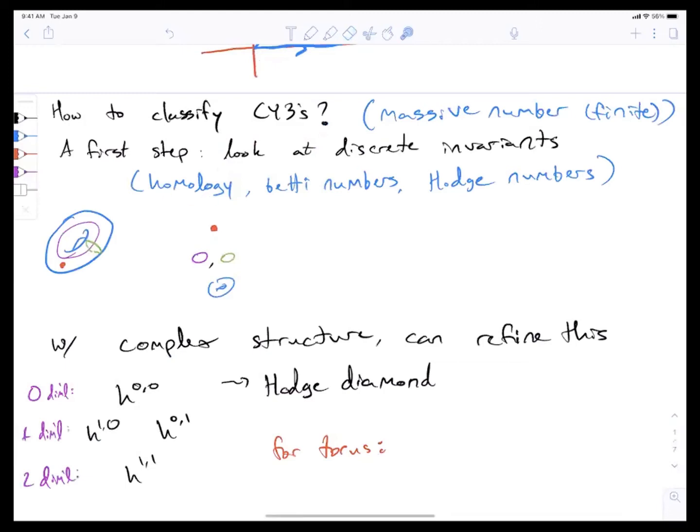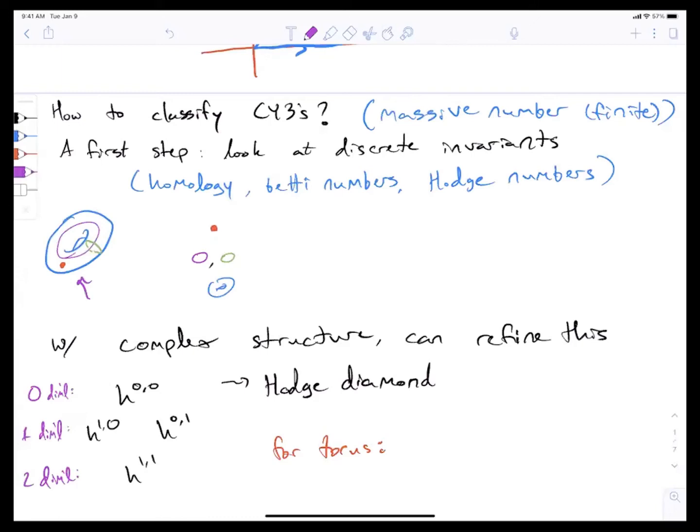you can talk about homology groups, Betti numbers, Hodge numbers. There's many different variations of this, but really what I'm talking about in some sense is the number of holes in your space of different dimensions. And so let's look at the torus as an example. So this has holes of 0 dimensions, 1 dimension, and 2 dimensions.